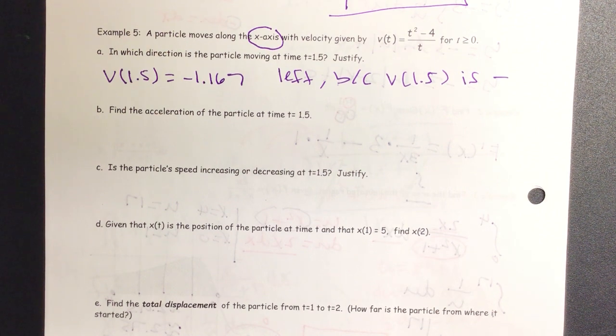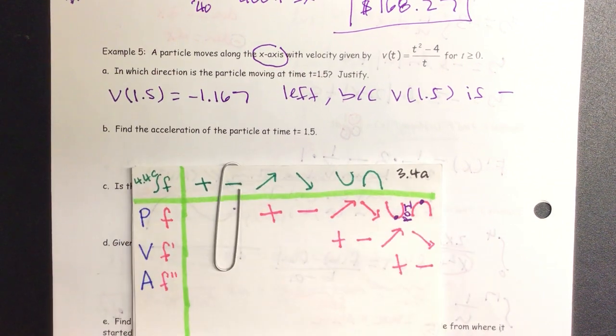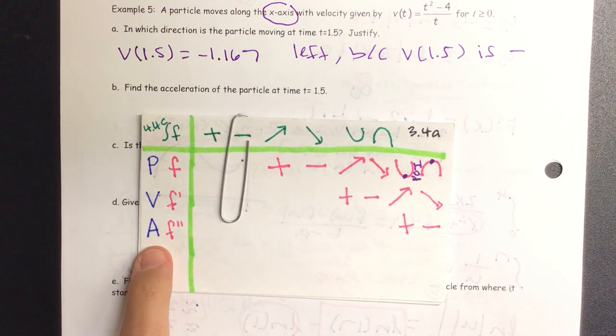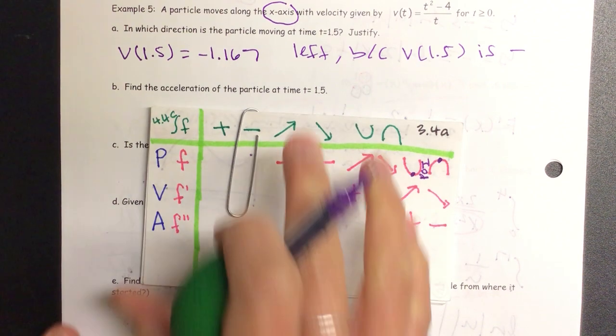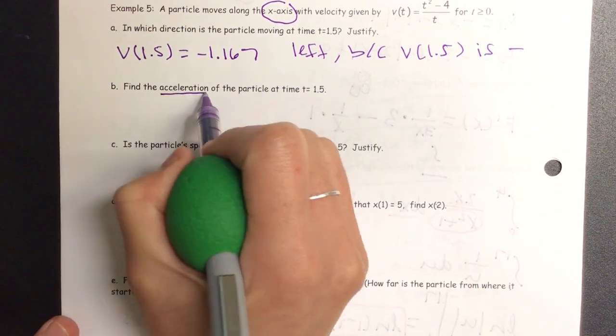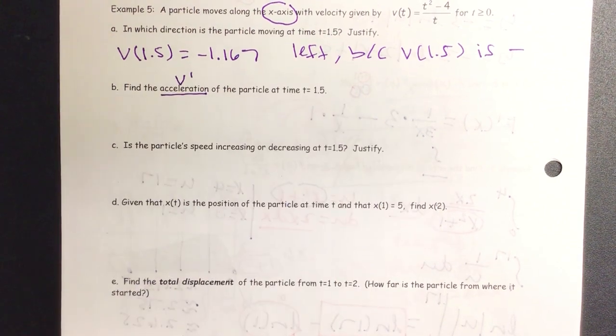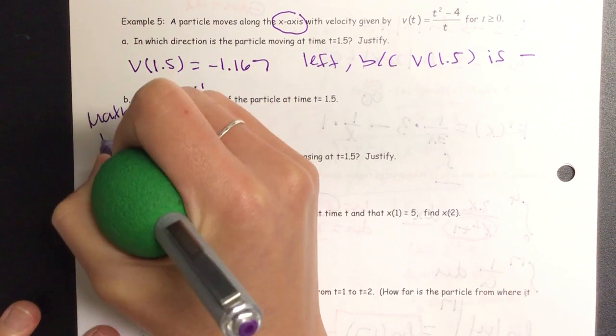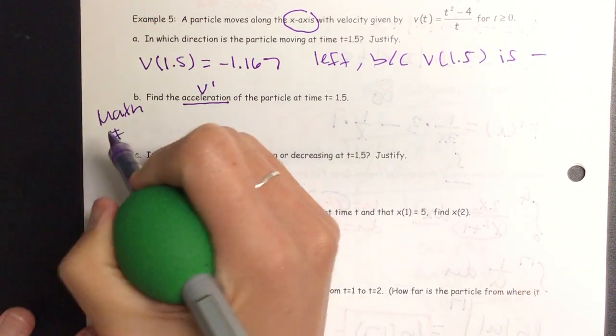All right, and then it says to find the acceleration. So going back up here. Given the velocity, acceleration is a derivative of the velocity. So I am going to rewrite this one as V prime. And prime is our derivative. What math number do we go to for deriving?